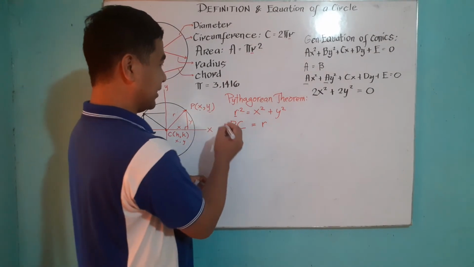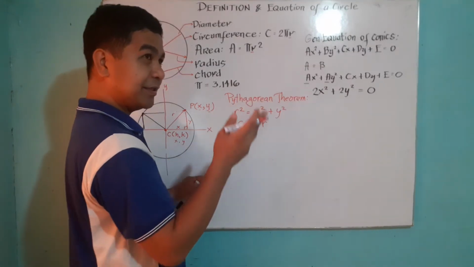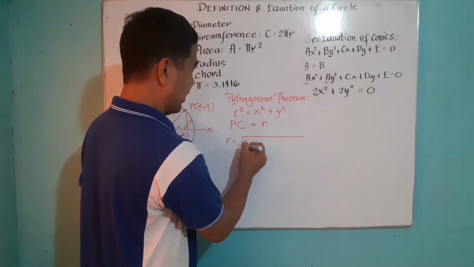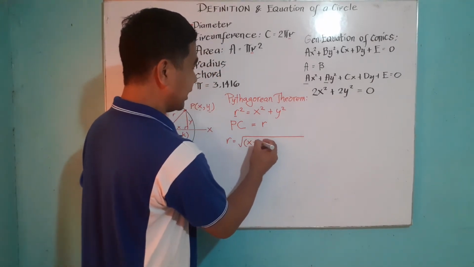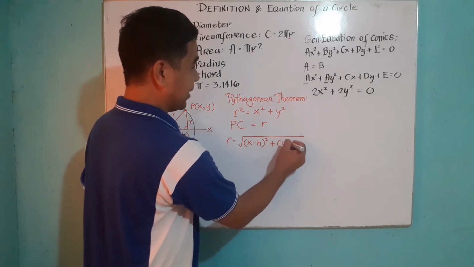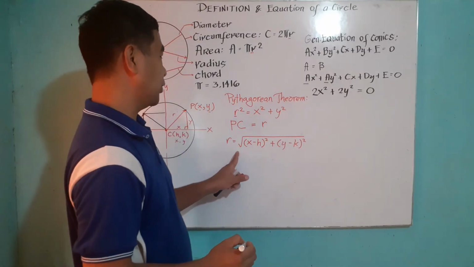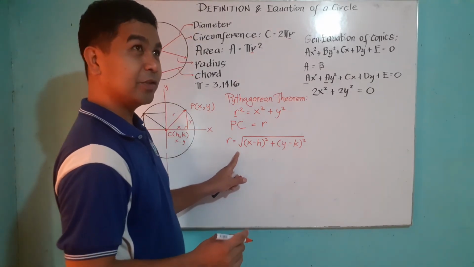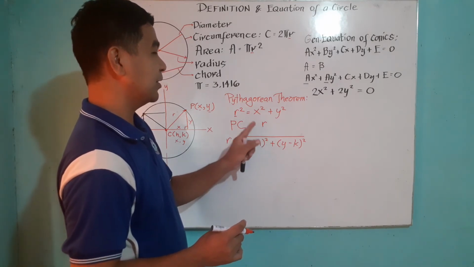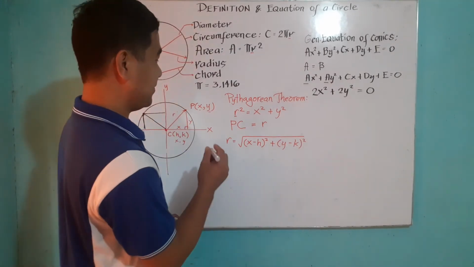So r equals the square root of quantity x minus h squared plus quantity y minus k squared. Or as you say in your junior years, the square root of quantity x2 minus x1 squared plus quantity y2 minus y1 squared.